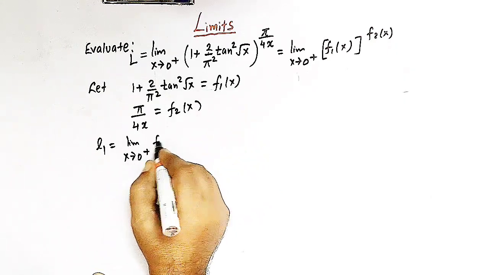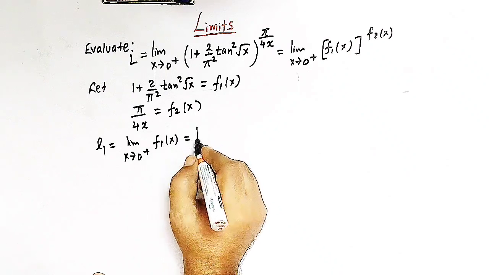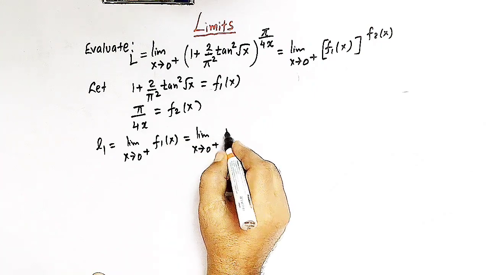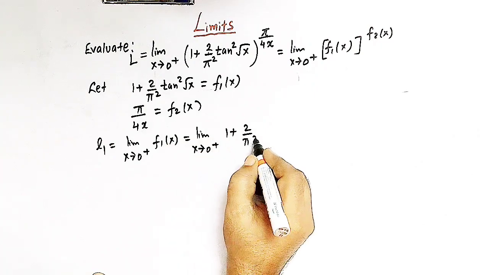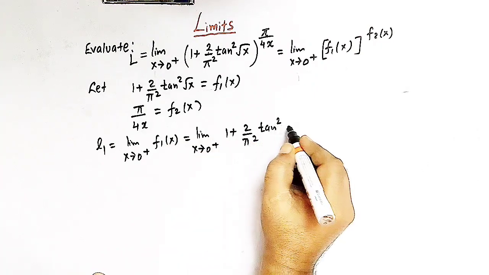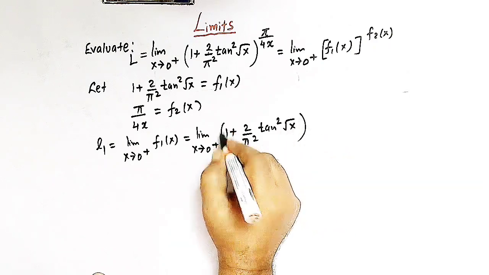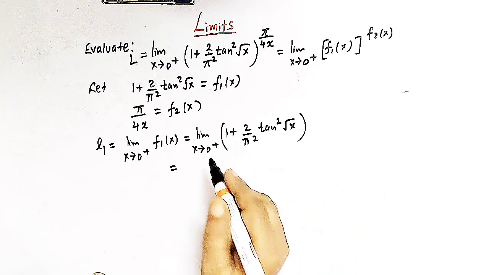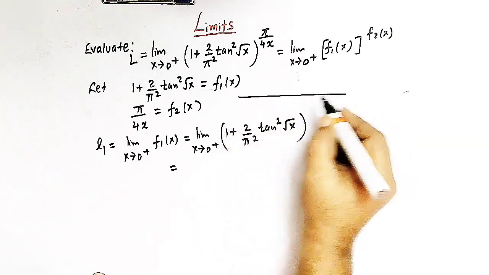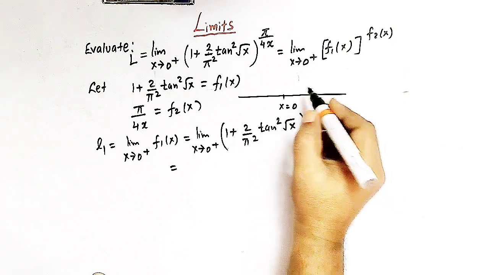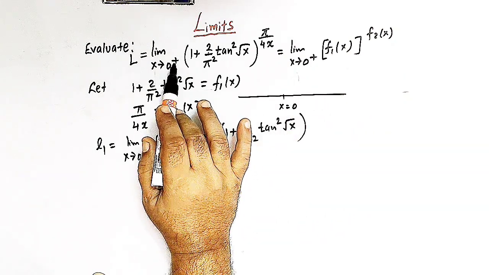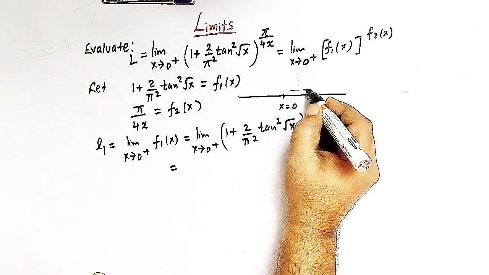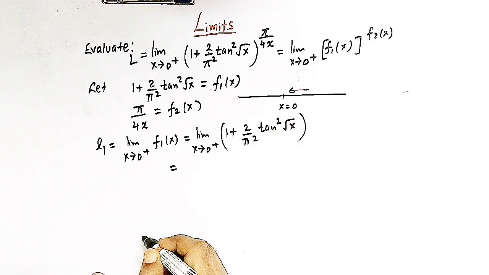Okay, so now let us first find this limit, that is L1, that is limit x tends to 0 positive f1(x). So we have limit x tends to 0 and f1(x) is 1 + (2/π²) tan²√x. Now when x tends to 0 from the right, we are approaching from the right of x equal to 0.